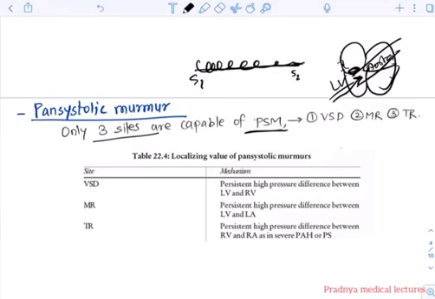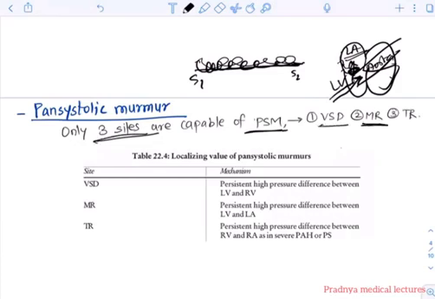And if there is valve deficiency leading to regurgitation, a large amount of blood will be regurgitated from the left ventricle into the left atrium from the start of the ventricular contraction to the end of the ventricular contraction. So it will occupy the whole systole, and that's why a pansystolic murmur is produced.